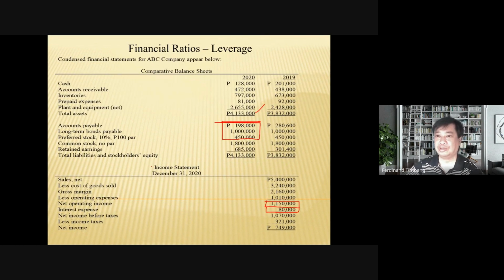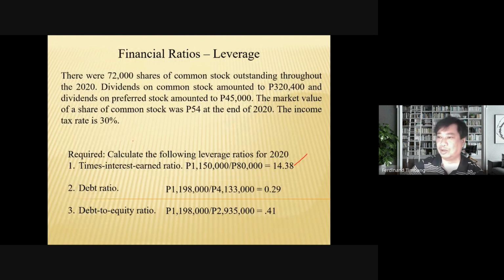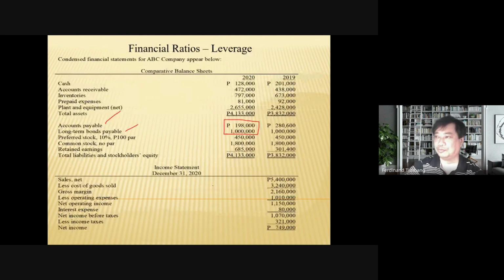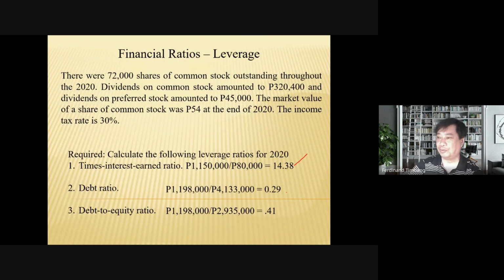The preferred stock is not included. So we have the accounts payable and the long-term bonds payable, 1198 and 4133. So we get 0.29.